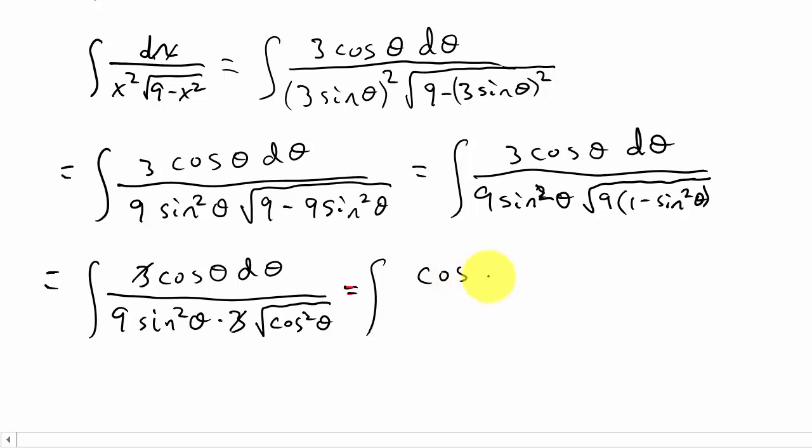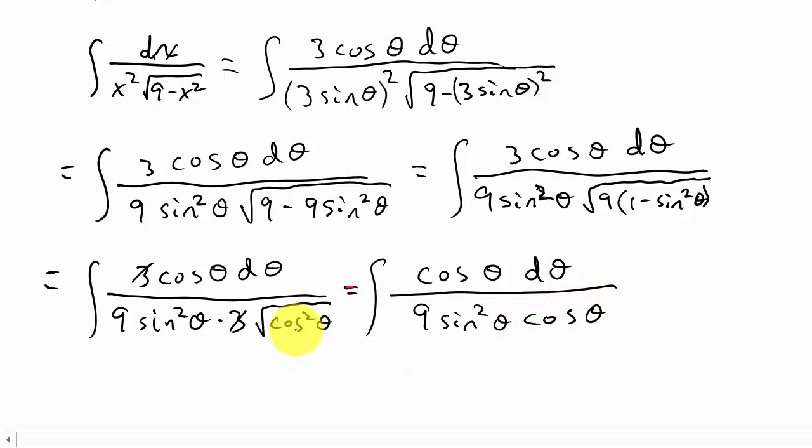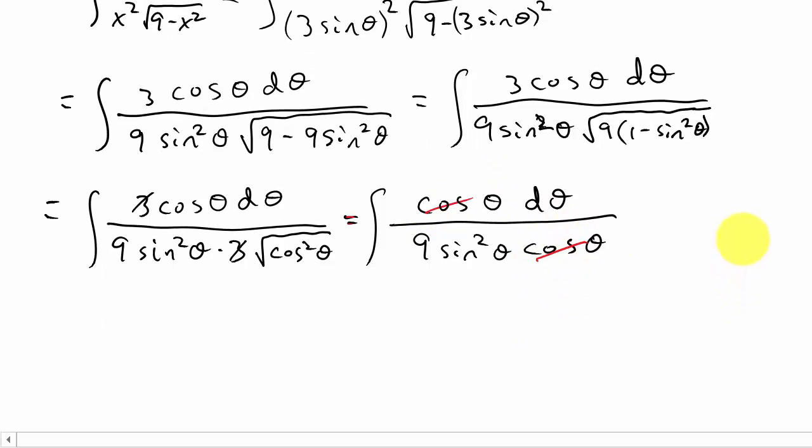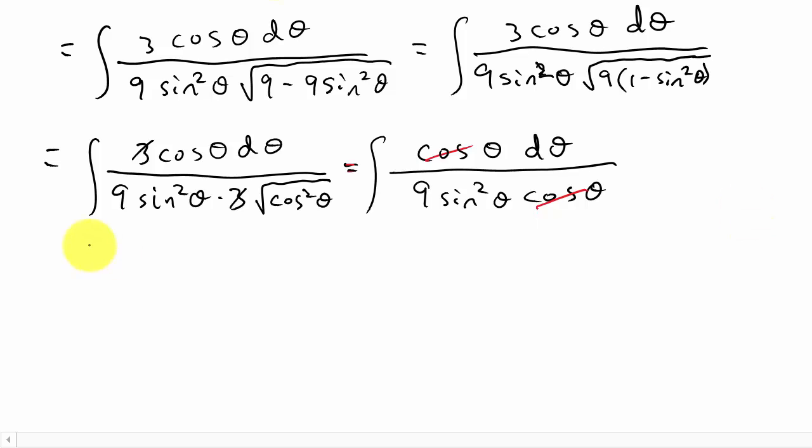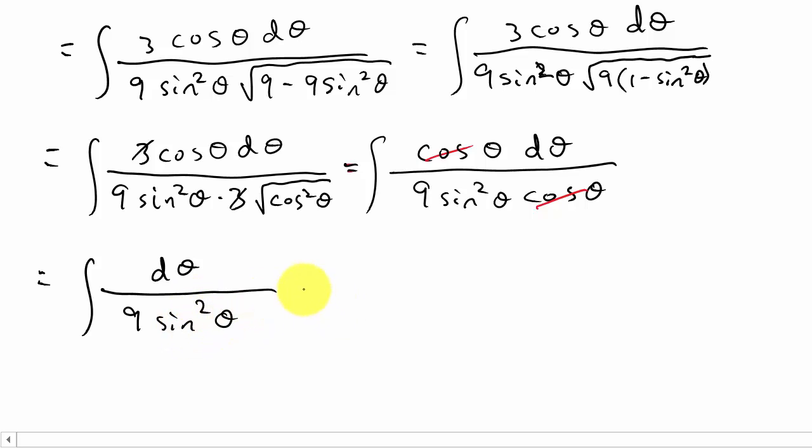That leaves us with cosine theta d theta over 9 sine squared theta times, see, the square root of cosine squared theta is just cosine theta. Now look what happens: the cosine thetas cancel, and I'm left with d theta over 9 sine squared theta.